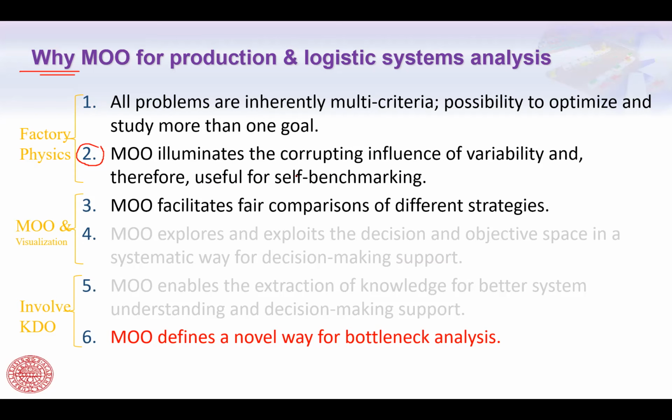When I talk about self-benchmarking, I don't know whether you understand what I mean. I will use some pictures to explain in more detail. And based on this, we can also use multi-objective optimization to have a fairer comparison of different strategies.